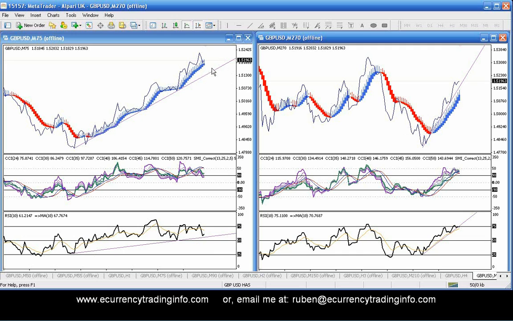When my indicators show me that it's turning, I will stop taking longs. And when the 270 minute time frame will turn, I will start only taking shorts. So these will be the steps. Here I will stop trading, and here I will start trading, looking for short trades only.